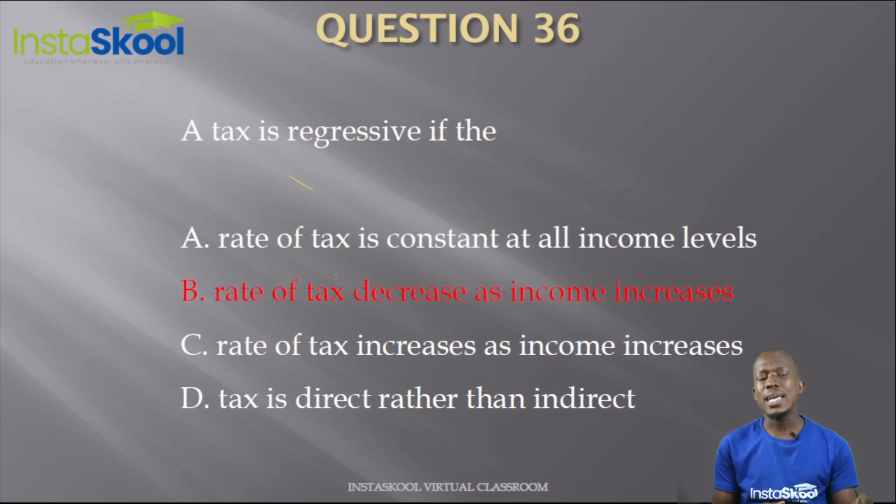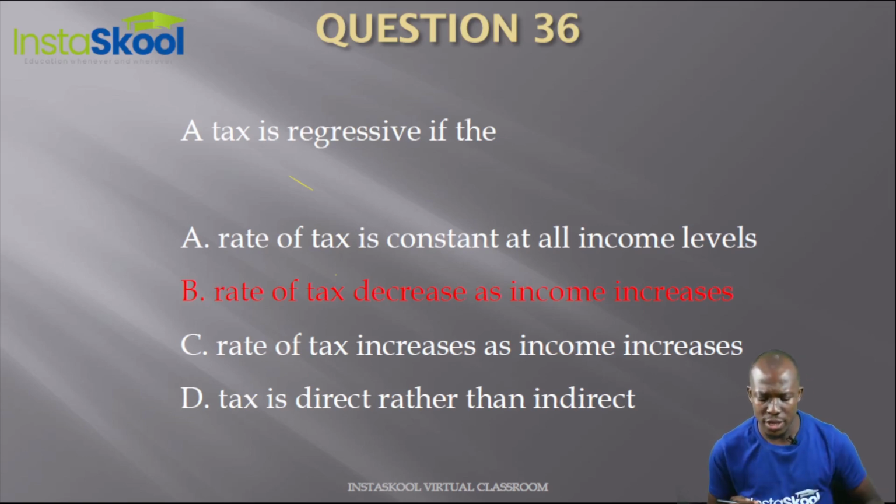Now, tax rates can be in three forms. It can either be proportional, progressive, or regressive. A proportional tax remains constant irrespective of the income levels. A progressive tax will increase as the income is increasing, but a regressive tax will increase as the income is reducing.